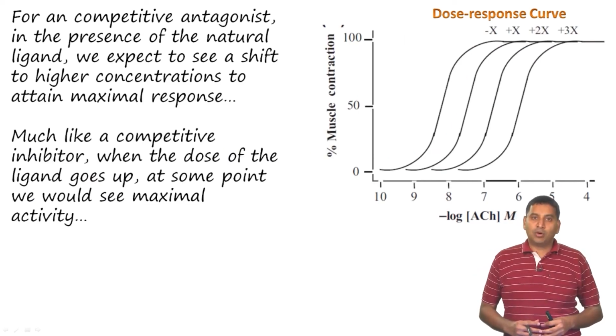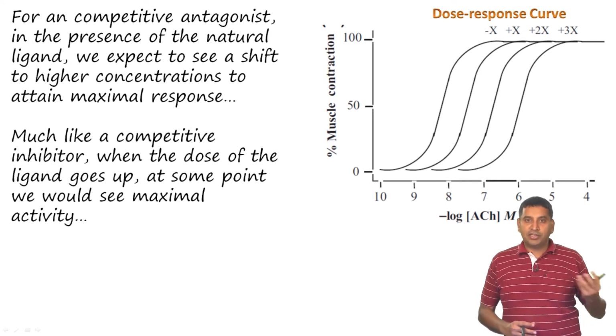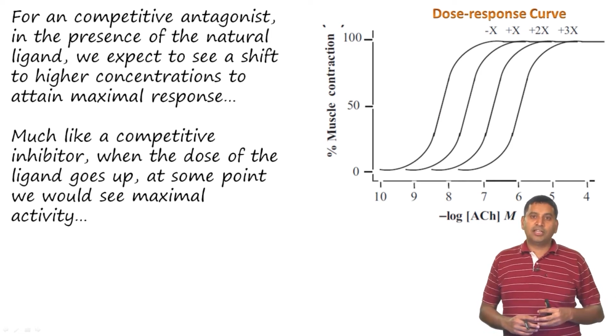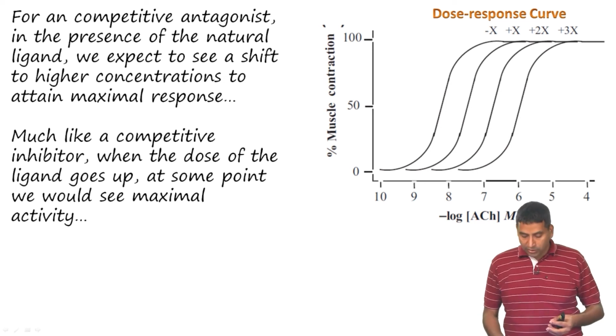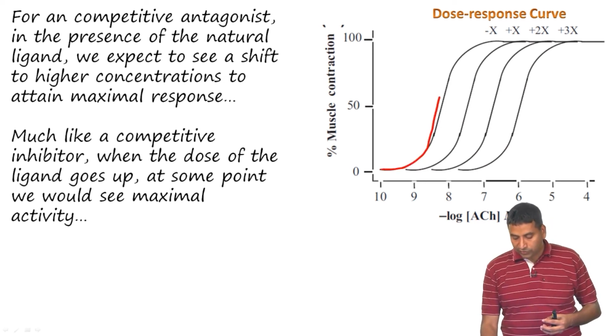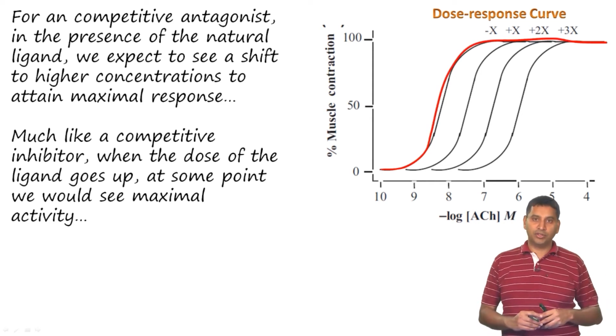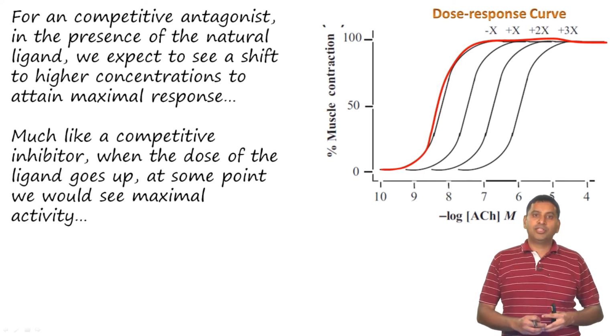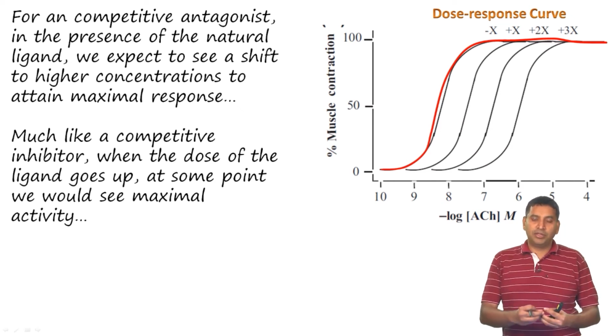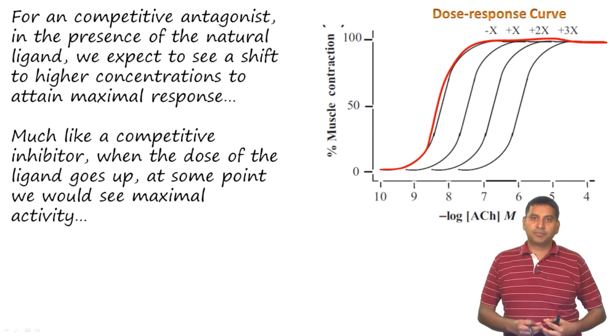Now let us look at what happens when we have a competitive antagonist. The antagonist by itself will not show any response, and then when we add the natural ligand, here when there is no antagonist involved, you will see a curve like this, which is identical to what you would see earlier. Now, when you start adding a small amount of an antagonist X, much like what we would see with a competitive inhibitor, you would see that this X starts to compete with the receptor binding sites.